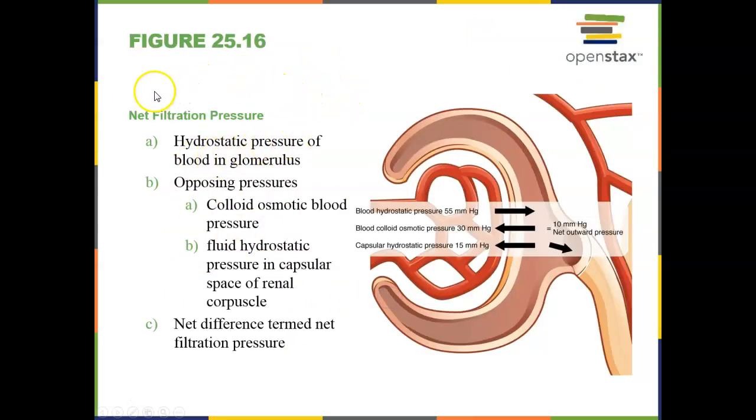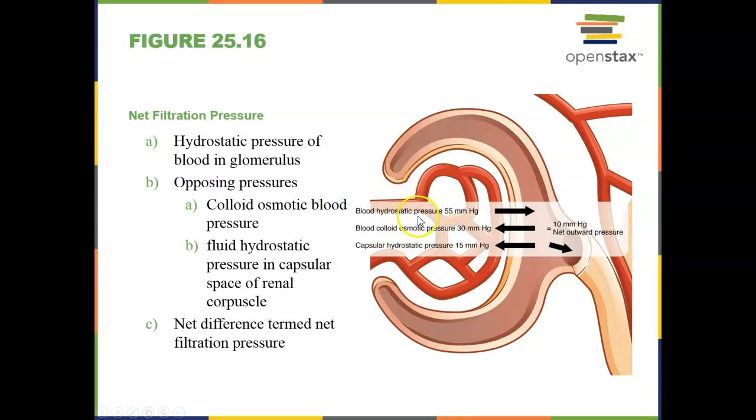So what controls the fluid or the filtration rate? There are two major pressures that are going to control the amount of filtrate we produce. So we're going to have the hydrostatic pressure and the colloid osmotic pressure.